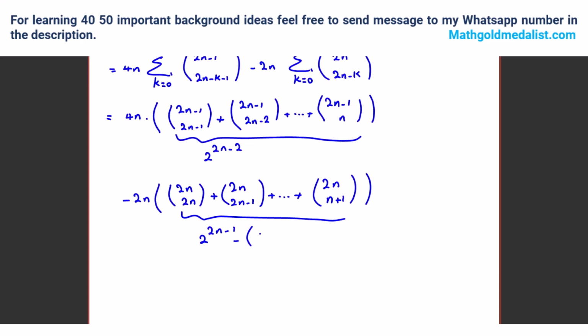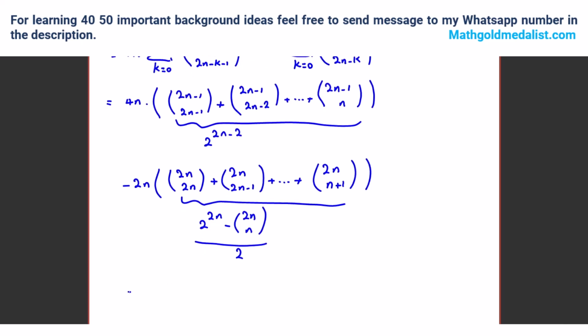So let's check. 2 raised to 2n is all of them, right? So you should subtract 2n choose n and then divide it by 2, right? So it would be what?